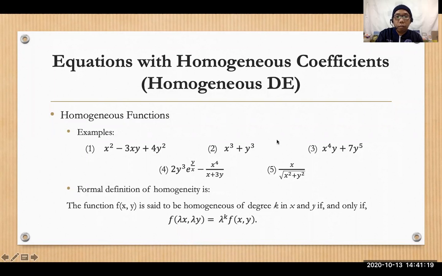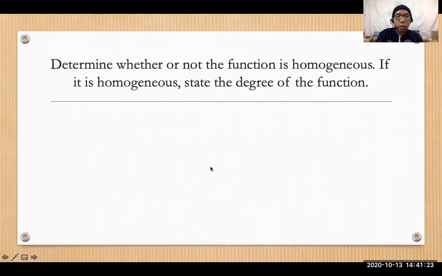Okay, so let's take a look at this function. The instruction here is to determine whether or not the function is homogeneous. If it's homogeneous, state the degree of the function. Again, we know that this is a homogeneous function from the previous example. So let's just prove that this is really a homogeneous function and determine its degree.